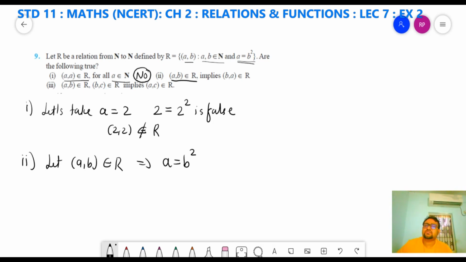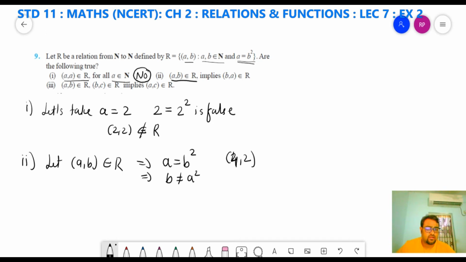Does it imply that b will be equal to a square? Of course not, this will not be true every time. So a is equal to b square implies that b is not equal to a square. Just take an example, if I take (4, 2).